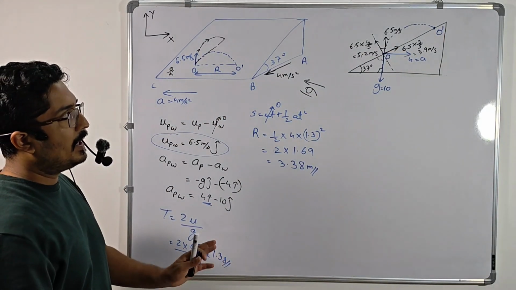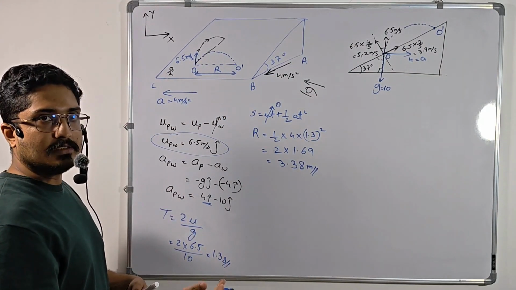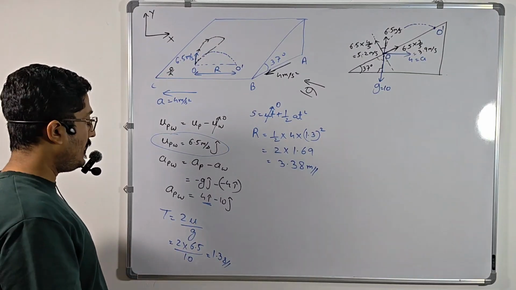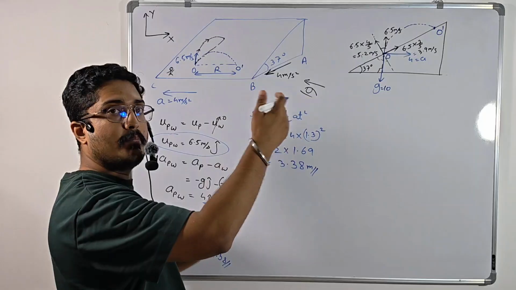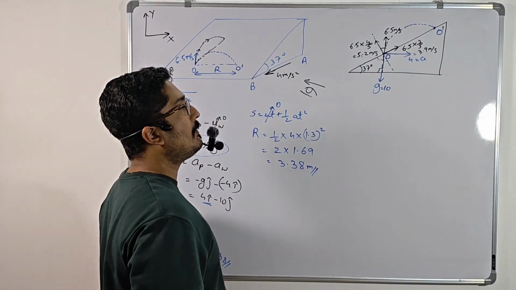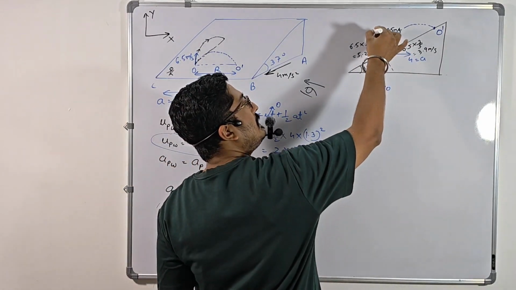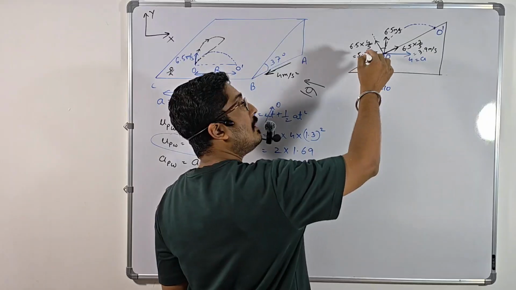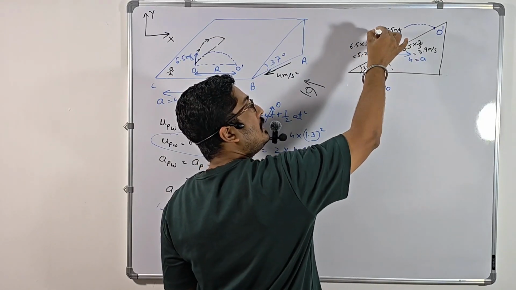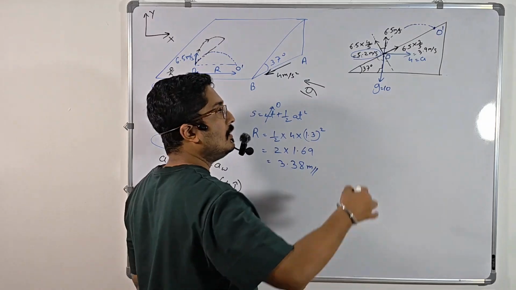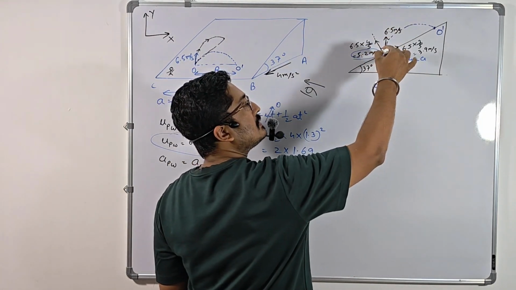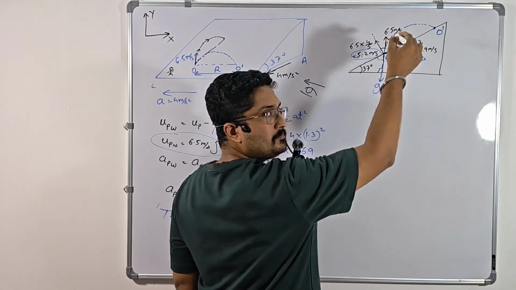Now again we have to find out the range, but for finding the range, first we have to find the time of flight. And on an inclined plane projection, time of flight can be obtained from the velocity perpendicular to the inclined plane, which is 5.2 meter per second. We can use that velocity, which is responsible for the time of flight.